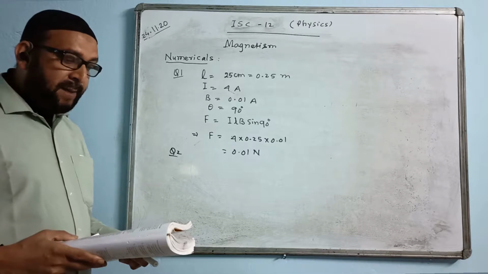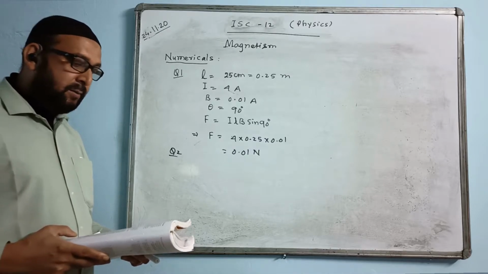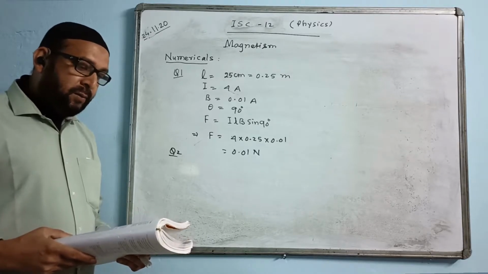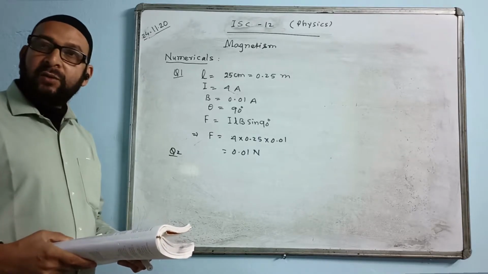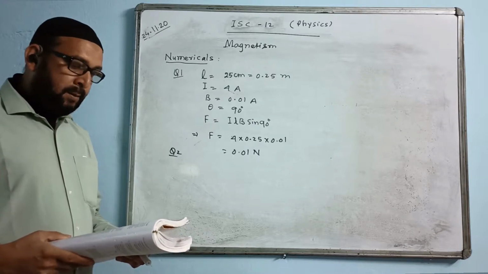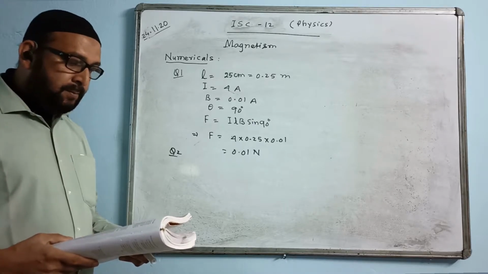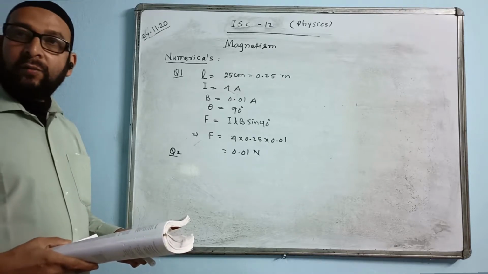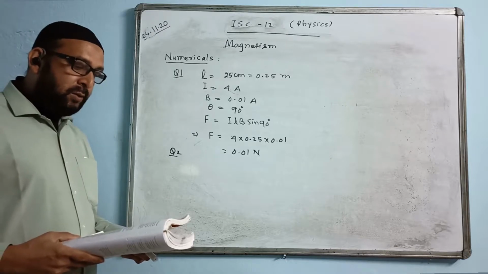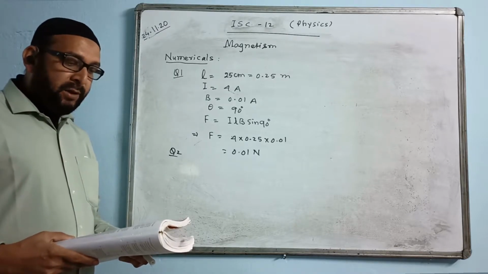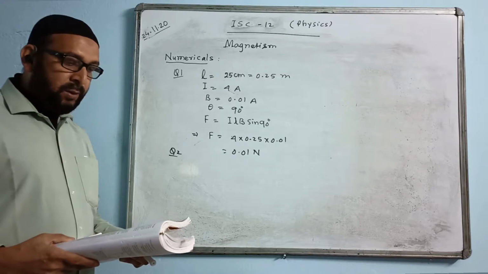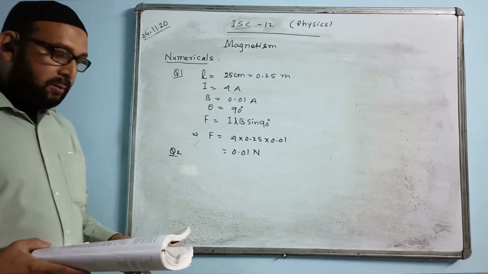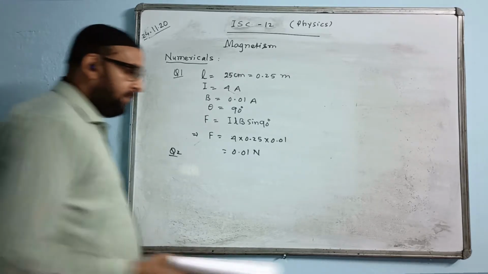What is the direction and magnitude of the magnetic field so that a force of 0.01 Newton per unit length acts upward on the wire?